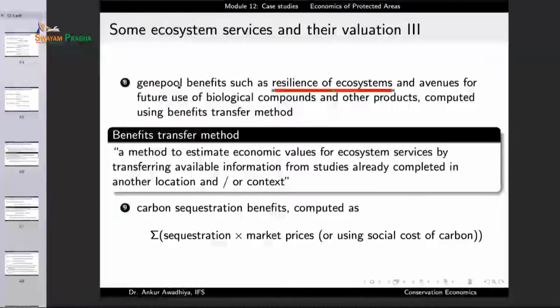But when you are maintaining a system as a protected area, you maintain the organisms in this ecosystem in the best possible state. And so they are much more resilient to any impacts or disturbances, such as the release of pollutants, or an oil spill, or a forest fire. So we get gene pool benefits in terms of resilience of ecosystems.